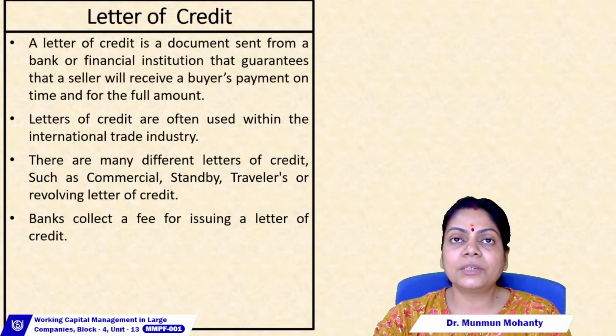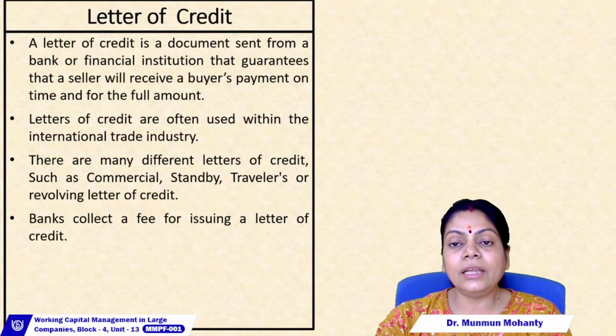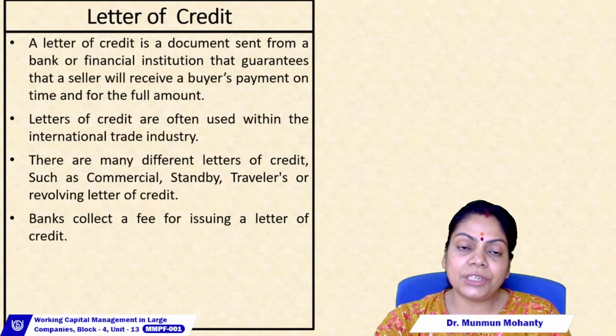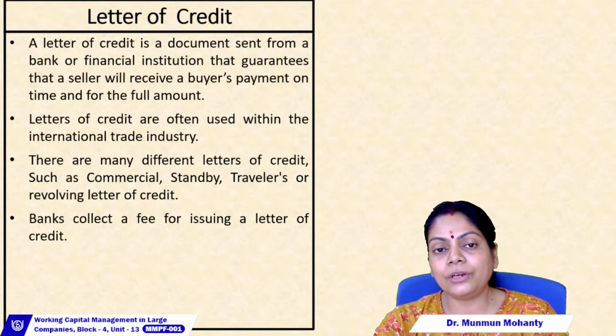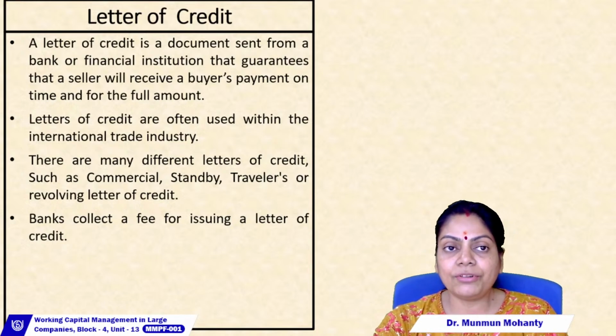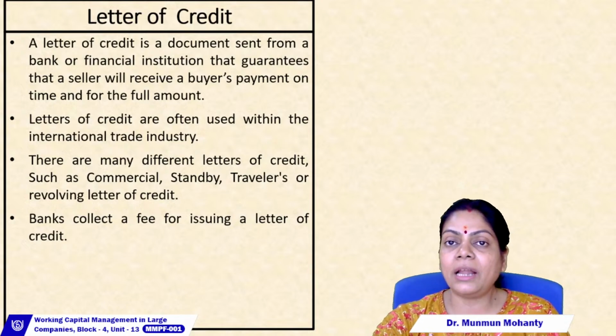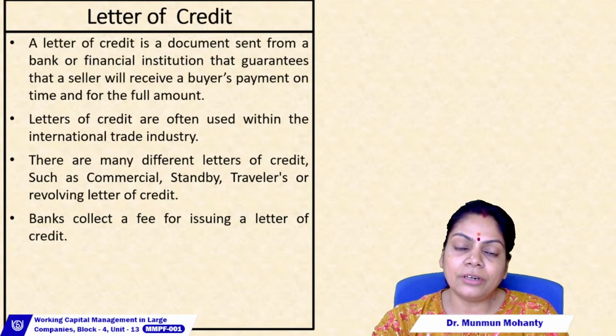For example, suppose I am an exporter, so I need a guarantee that the party who has purchased from me will pay me on time, and the banker to the buyer will give me that guarantee, that is a letter of credit. Or if I am an importing firm buying from another country, I need to remit the funds, let us say, 90 days later.